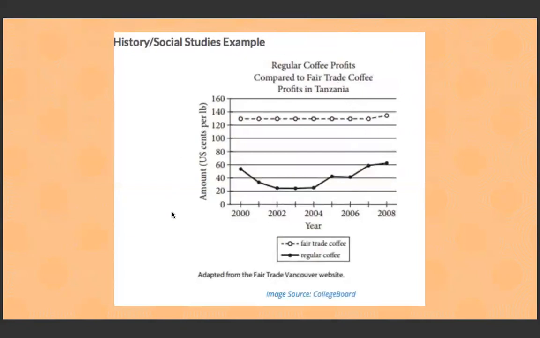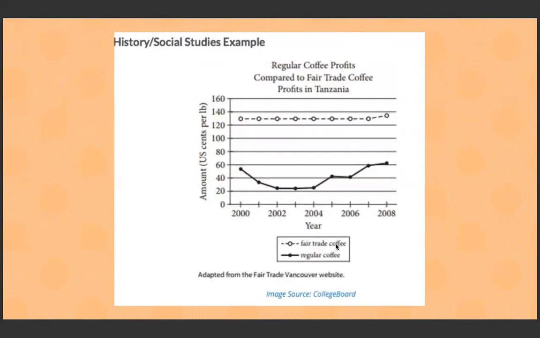You're going to come over here. The amount is the next title, US cents per pound. Okay, how many cents per pound? This is money, the amount right here. So you're going to circle this title. And then, of course, you've got the year right here. You circle the year.